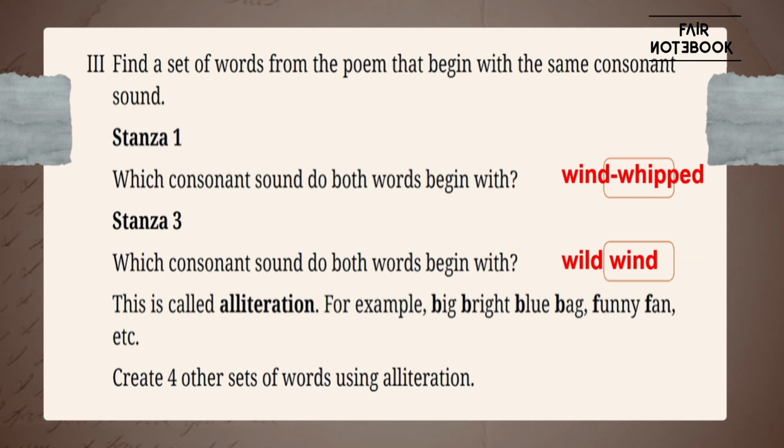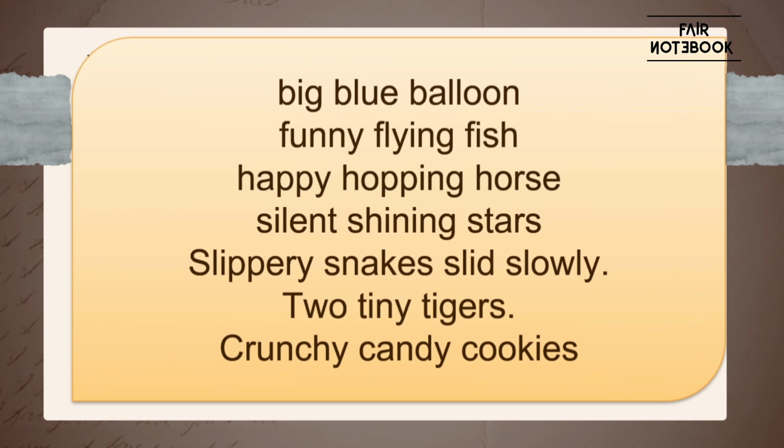For example, big bright blue bag, funny fan, etc. Create 4 other sets of words using alliteration. Big blue balloon, funny flying fish, happy hopping horse, silent shining stars, slippery snake slid slowly, 2 tiny tigers, crunchy candy cookies.